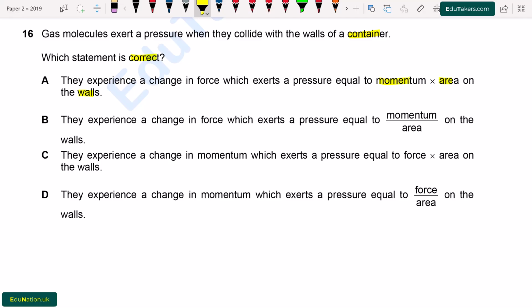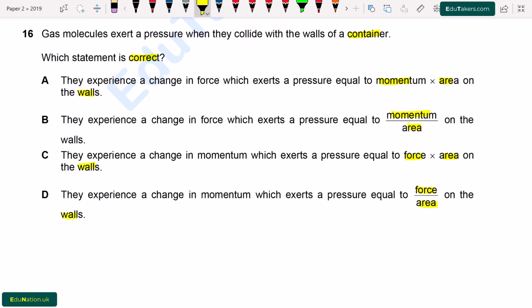Option B, they experience a change in force which exerts a pressure equal to momentum over area on the wall. C, they experience a change in momentum which exerts a pressure equal to force multiplied by area on the wall. D, they experience a change in momentum which exerts a pressure equal to force over area on the wall.